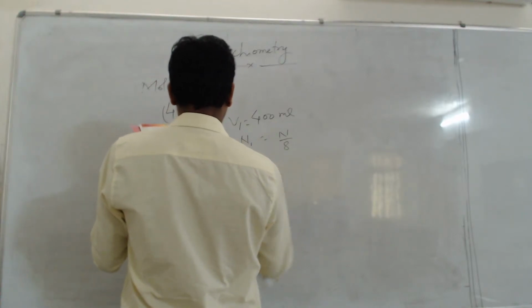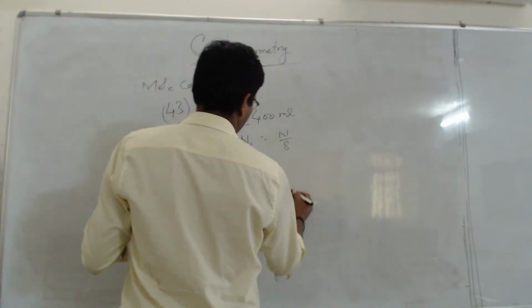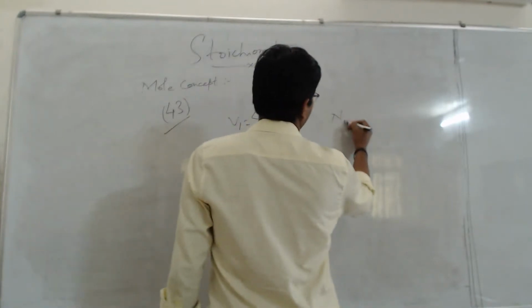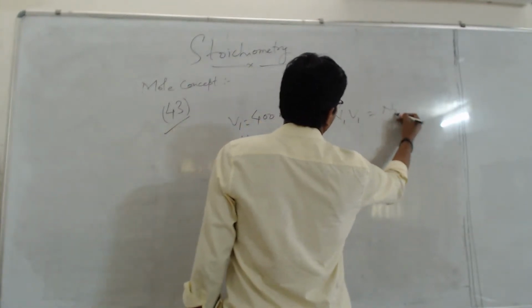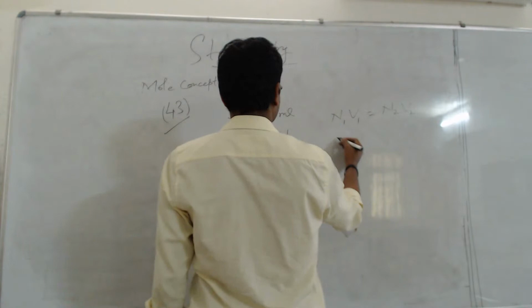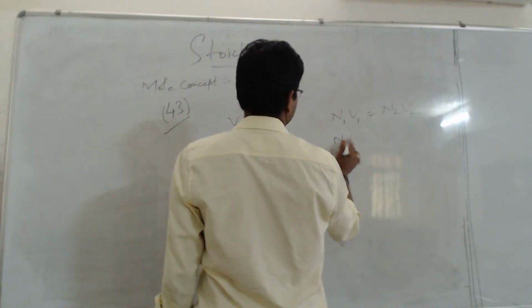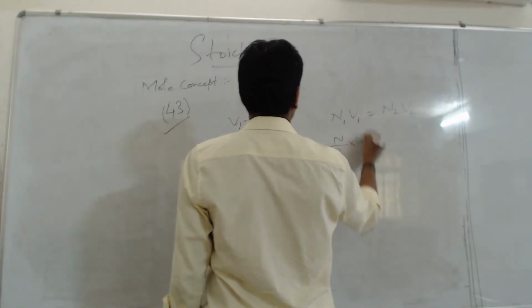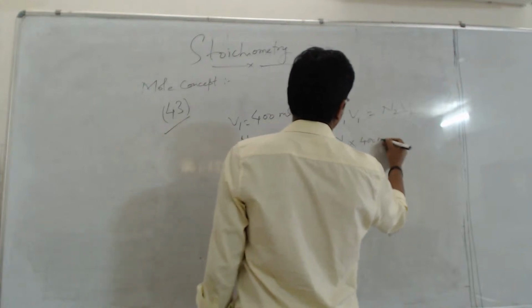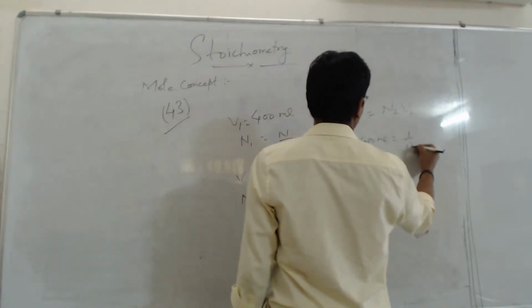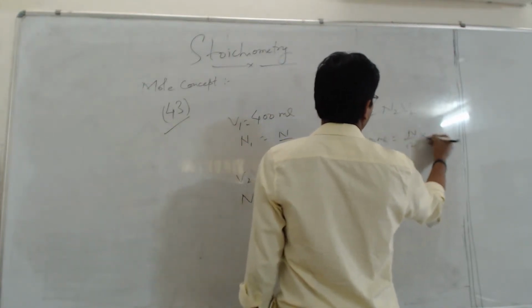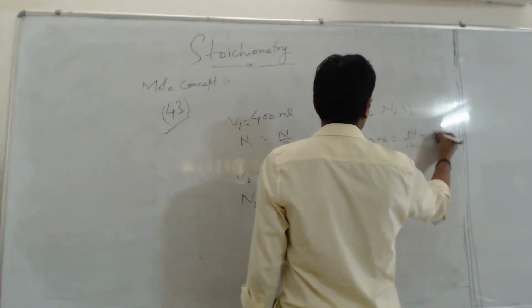Volume 2 we don't know, N2 is N by 12. So we know that N1 V1 equals N2 V2. So N1 is N by 8 into volume 400 ml. N2 is 1 by 12. V2 we don't know.